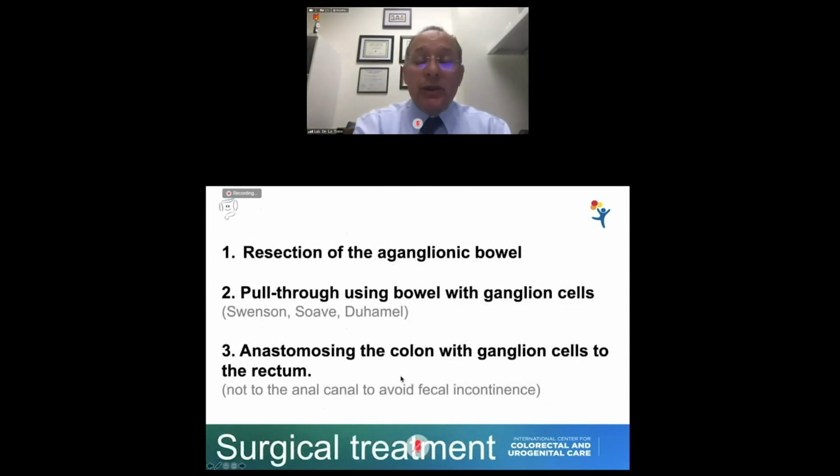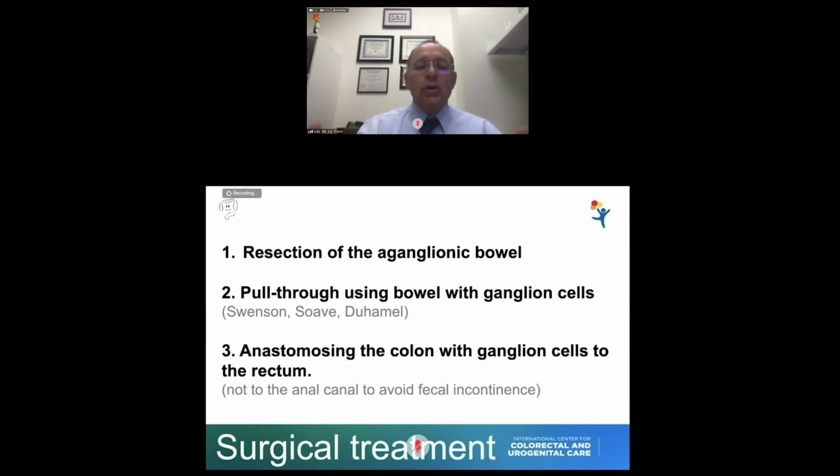The surgical treatment of Hirschsprung, you can imagine now how we can repair this problem. After the medical treatment, which is irrigation, what we have to do is to resect the segment that does not possess ganglion cells.